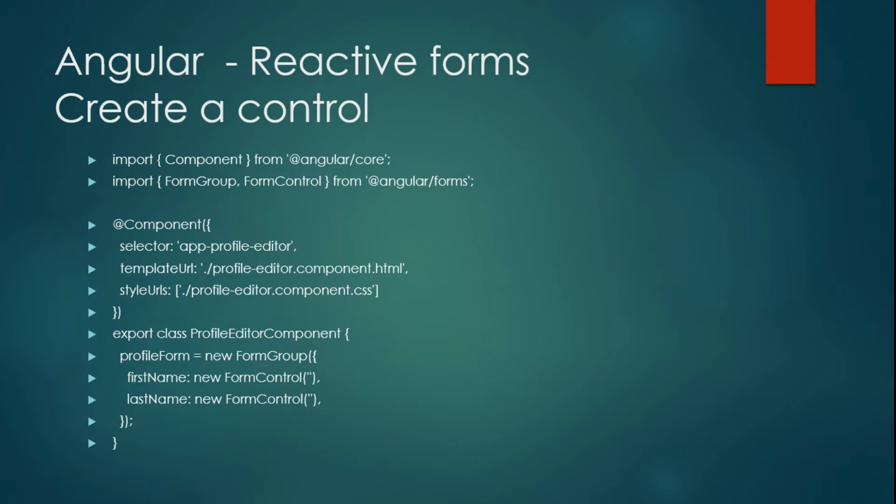So let's see how to define a control in reactive forms. Reactive forms are model driven forms. We define a control in the model and specify the validator functions in the model, and that model instance is bound to the form input element.